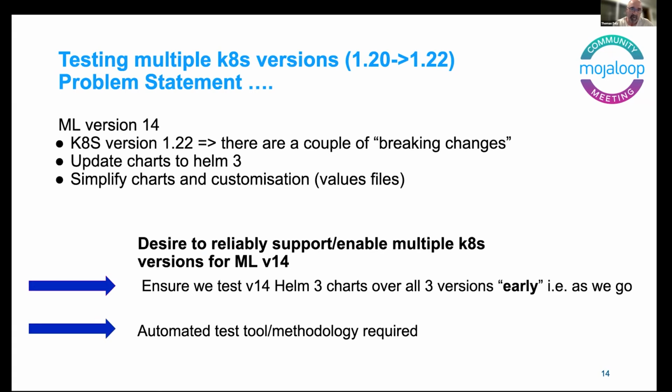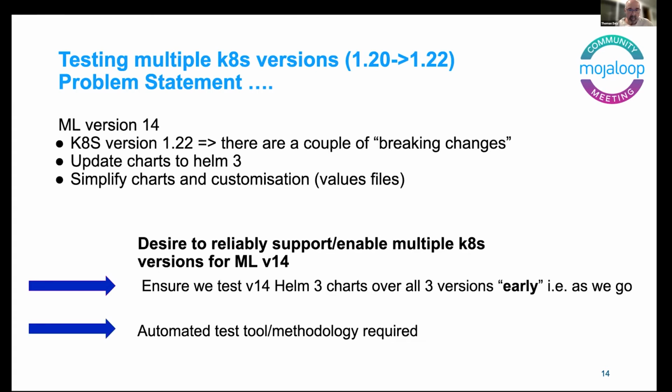So essentially the problem statement that I'm just going to talk to you about is that we want to convert all of the Helm charts from Helm 2 to Helm 3, with all the changes and customizations, including some of the breaking changes.